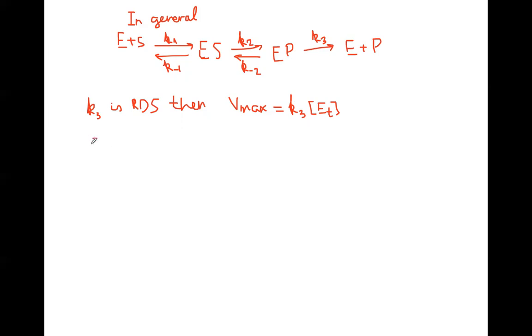It's going to be a general rate constant, and it's going to be Kcat. So in this case, Kcat will equal K3, but it doesn't have to be.